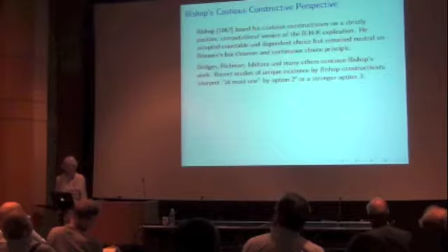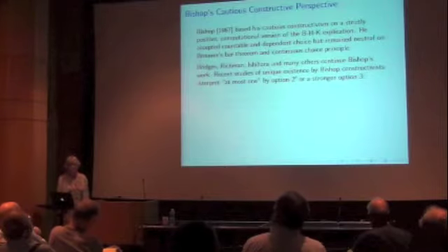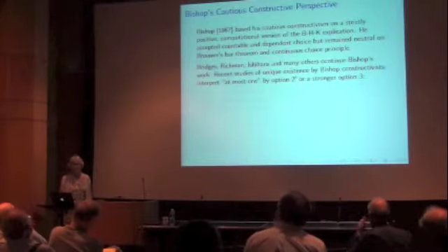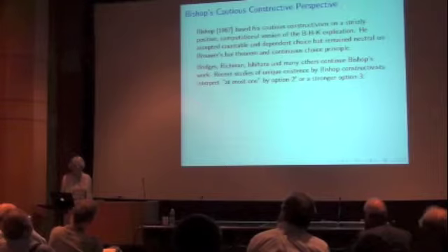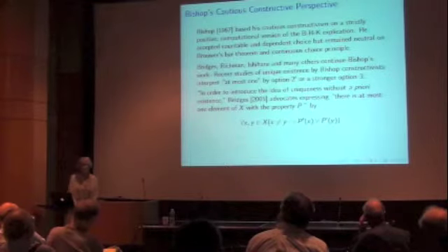Many people continued Bishop's work, particularly Bridges, Richman, and Ishihara. Recent studies of unique existence by Bishop constructivists have been interpreting at most 1, either by option 2 prime or by a stronger option 3, in order to introduce the idea of uniqueness without a priori existence.